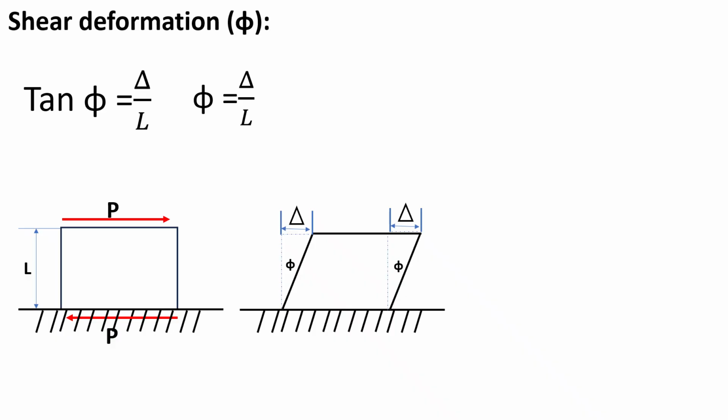Then a deformation delta occurs. Let the length of the bar be L. For this shear deformation, tan phi equals delta divided by L. Since the value of phi is very small, tan phi is nearly equal to phi, so we consider phi only. Then phi, the shear deformation, equals delta by L. These are the concepts of simple stresses and strains, and thank you.